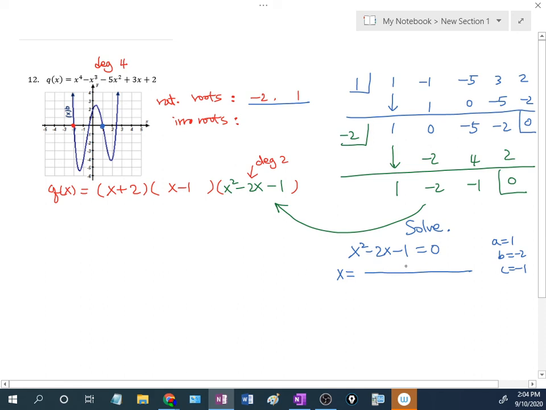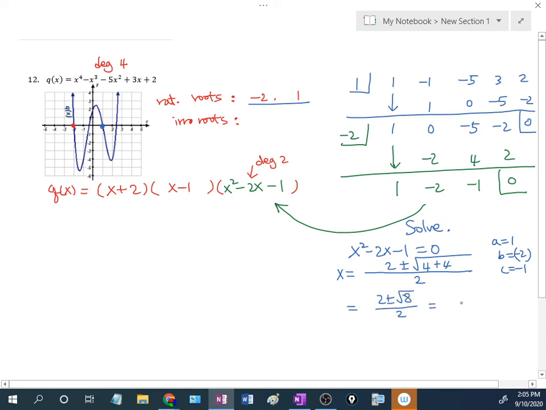So let's plug the numbers. Negative of negative 2 plus or minus square root of negative 2 squared will be 4 minus 4ac. Two negatives make positive 4, and then all over 2a, which is 2. So let's simplify.